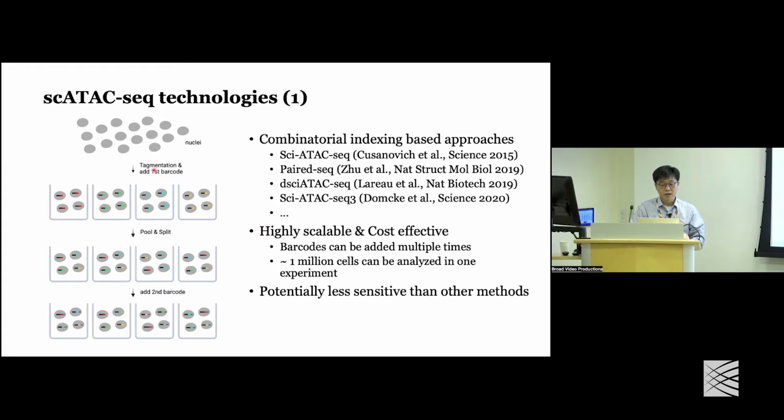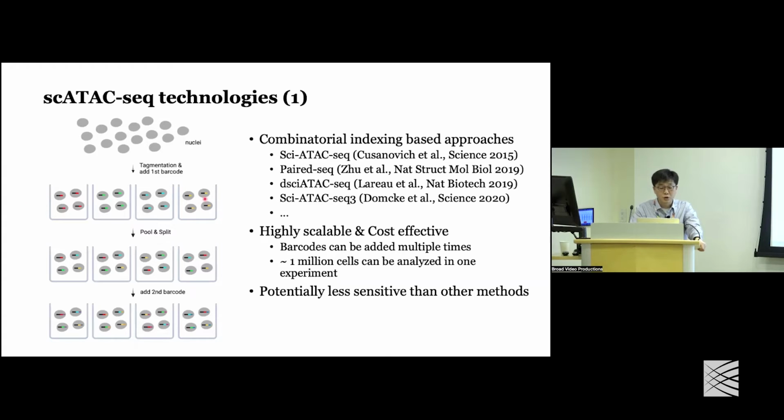Okay, so pooling. In this toy example, I only have 16 cells in 4 wells, equally divided. In this situation, we can uniquely label these 16 cells with 4 different barcodes, with 2 rounds of barcode addition.